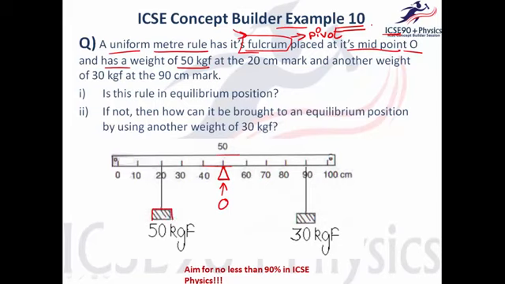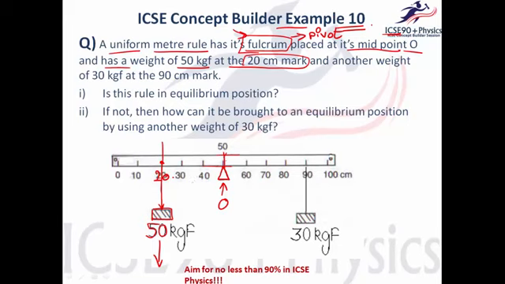This rule has a weight of 50 kgf acting in the vertically downward direction at the 20 centimeter mark. So this is the 20 centimeter mark. Now the moment you see the position of this weight at the 20 centimeter mark, what does this indicate?